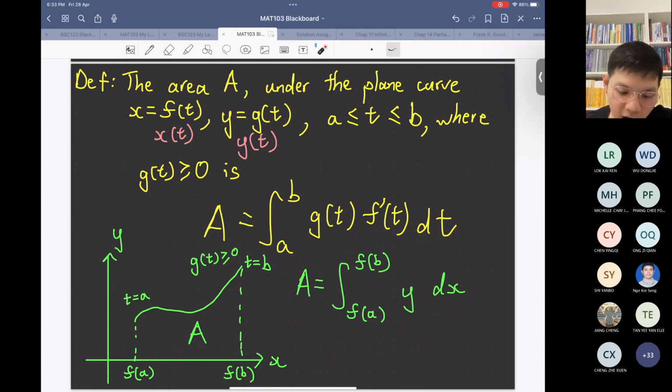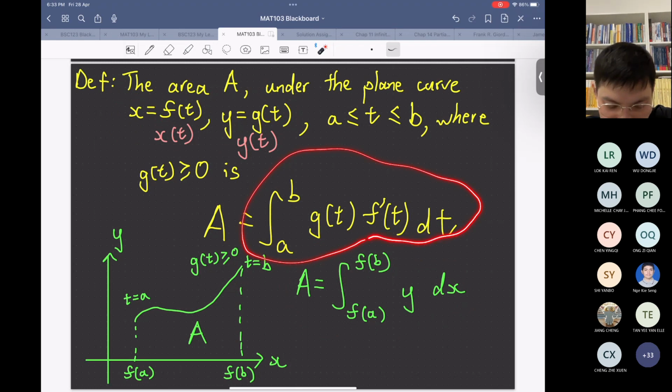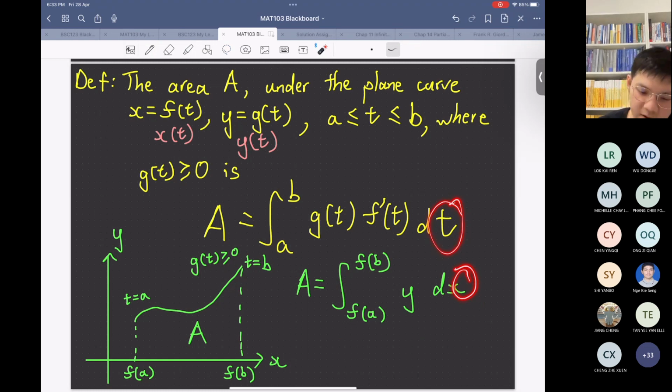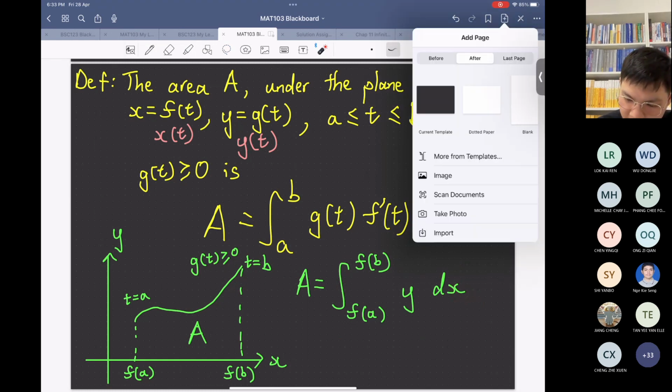But our x and y are in terms of t, so we want to make this formula here in terms of t, so that we can really do some direct computation, right? So we need to do change of variable. Okay, we need to change from x to t. Does it make sense?